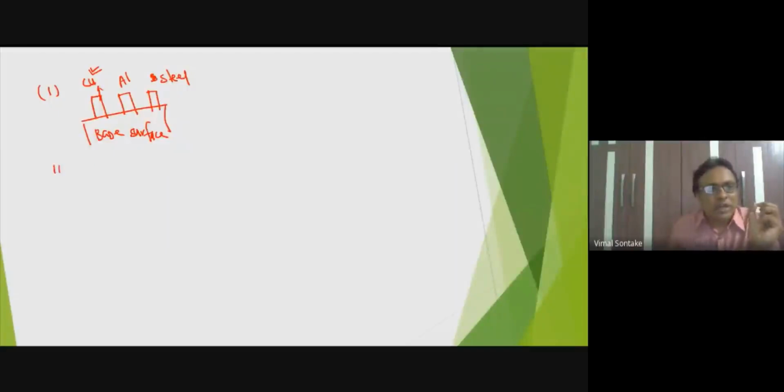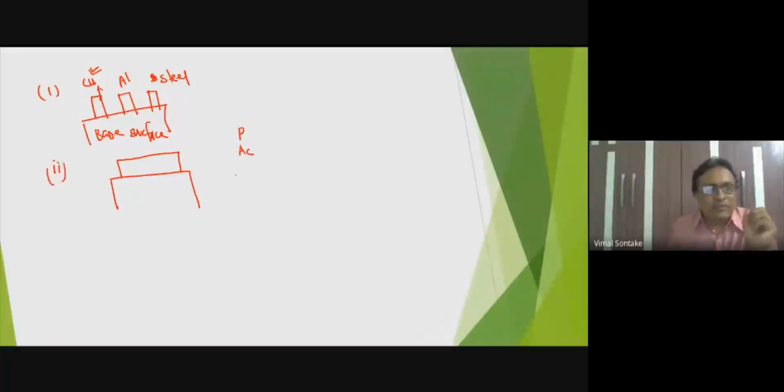Number 2: let's say I want to enhance the heat transfer rate from the base surface, and I have designed a fin of certain perimeter and cross-sectional area. And let's say I am attaching that fin of given design perimeter and cross-sectional area.